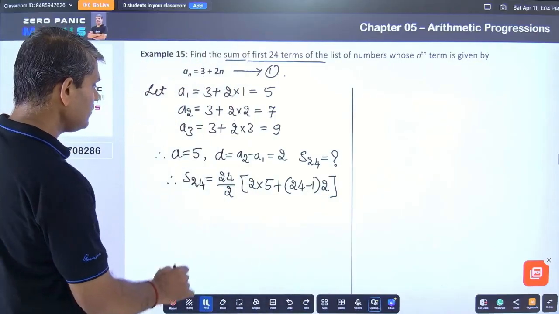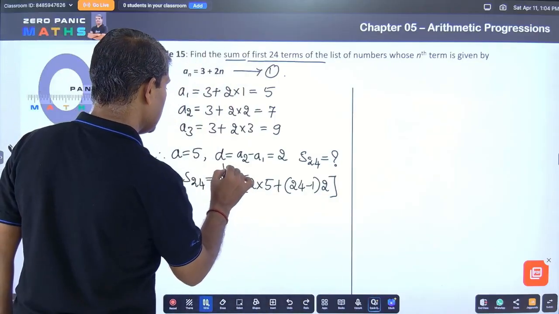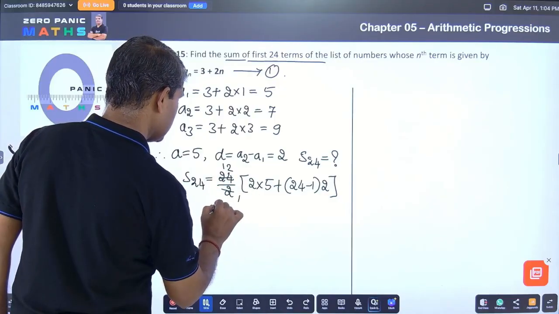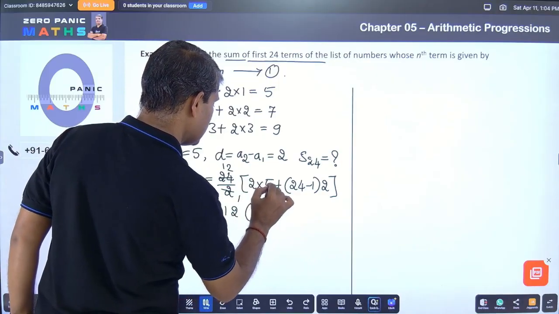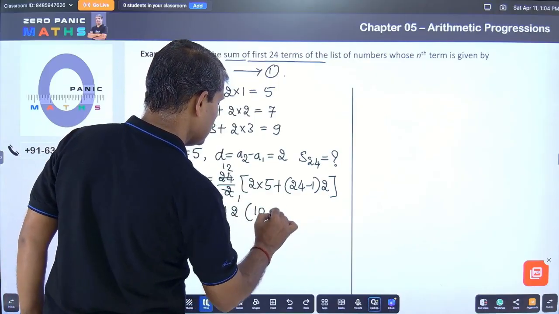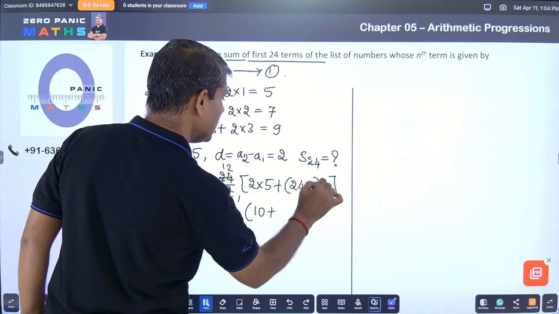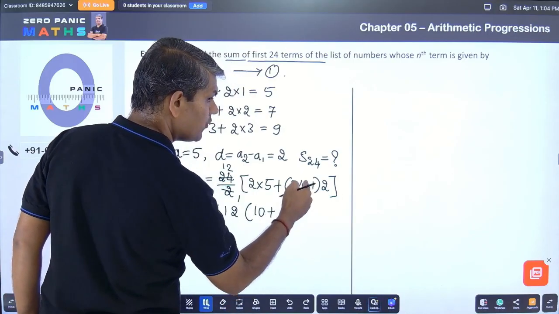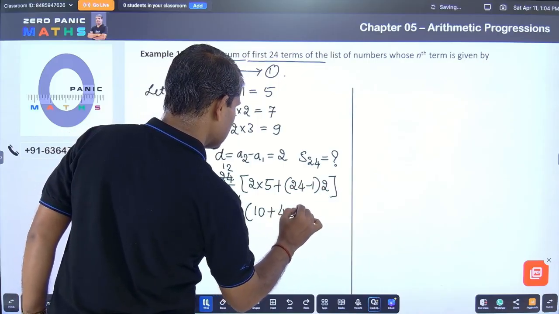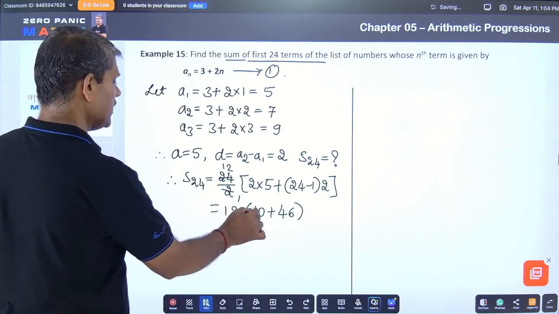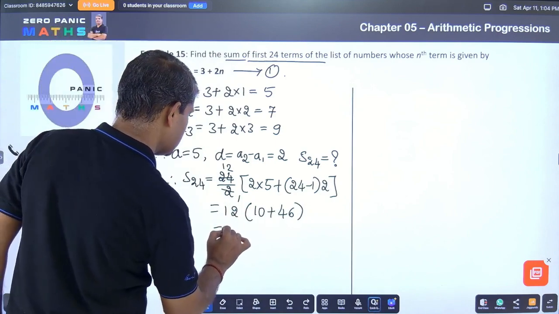So 24 divided by 2 is 12, and inside the bracket it is 10, plus 23 into 2, since 24 minus 1 is 23, that is 46. 46 plus 10 is 56.